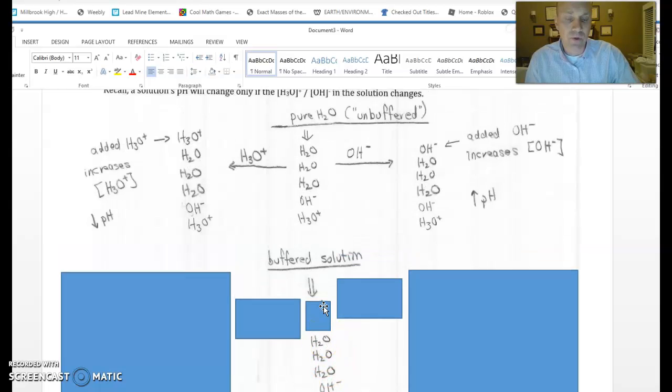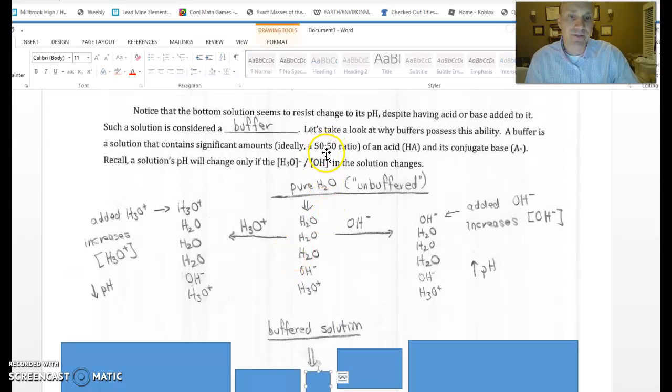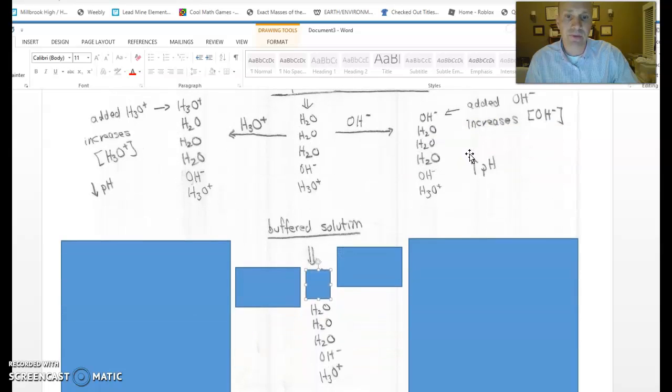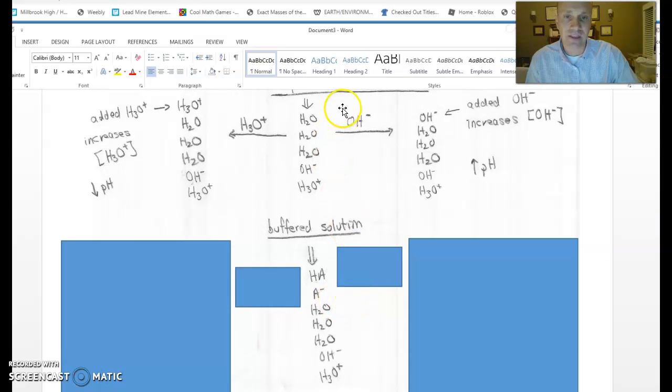But the one thing that's going to be different in a buffered solution is, as we mentioned, you're going to have a 50-50 ratio of a weak acid and its conjugate base. So we're also going to have one of these and one of these. That's a 1-to-1 ratio between those. So how does that affect things when we add strong acid or base?